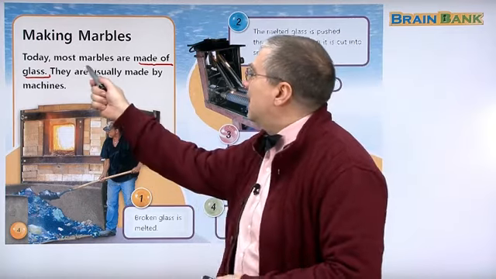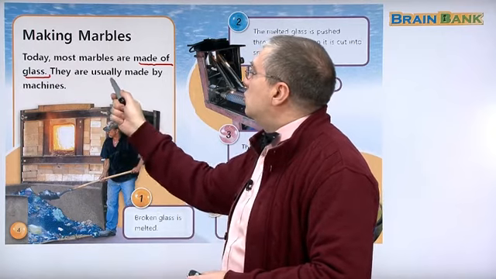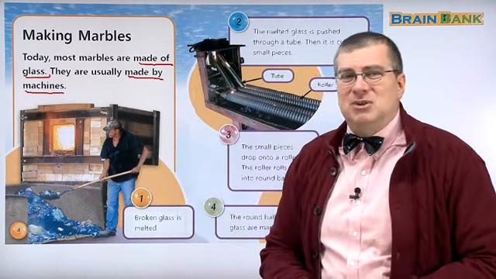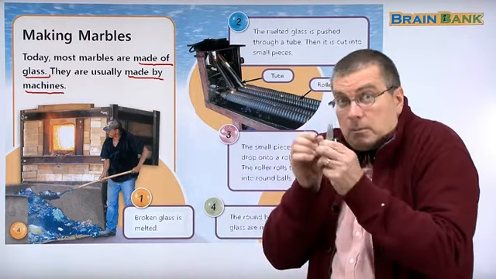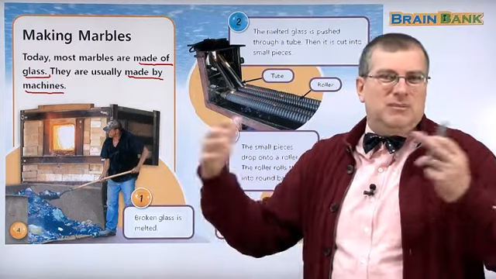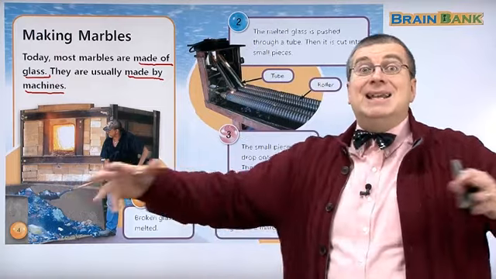So today, most marbles are made of glass. They are usually made by machines. Made by machines, not a person. We don't have thousands of people making little marbles. No, just one or two or a few people use machines to make many marbles.